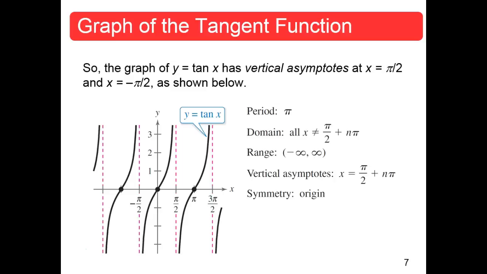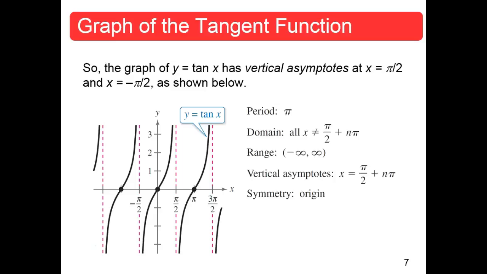Okay? 0 in between each of those vertical asymptotes, +1 and -1, midway between the vertical asymptote and your 0, that should be pi quarters, -pi quarters and +pi quarters, 5 quarters pi, 7 quarters pi, -3 quarters pi, -5 quarters pi, all those are where they're plus or -1. Okay? And with those points, I wish they'd have put these in. They don't. I do. I use those as graphing aids.